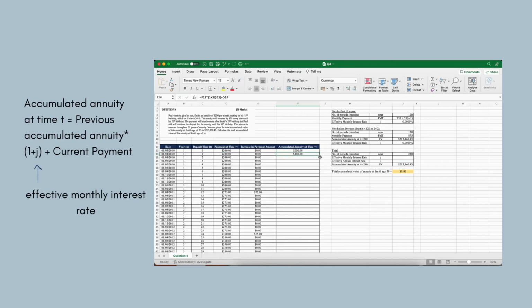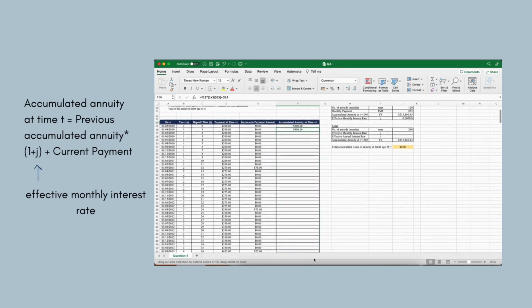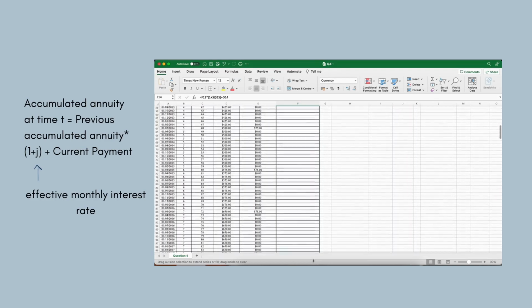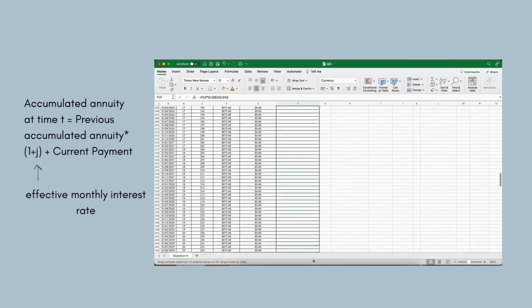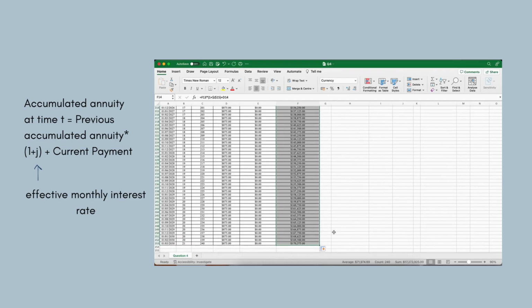So we'll drag the function down and we will get the value for the accumulated annuity at time t.